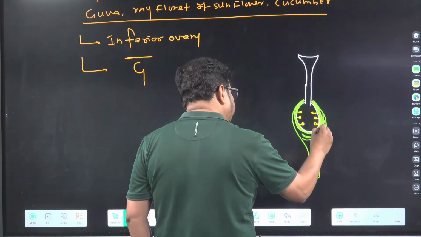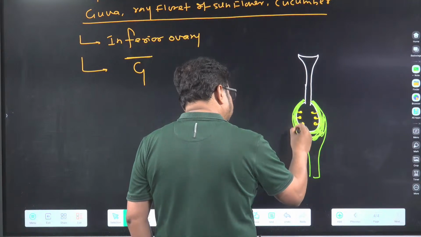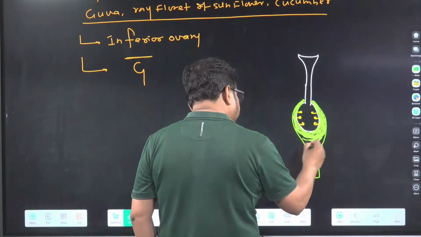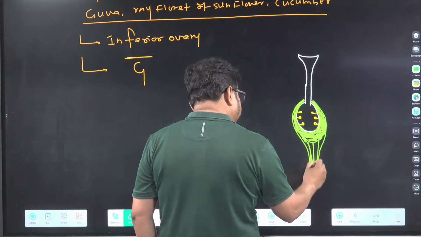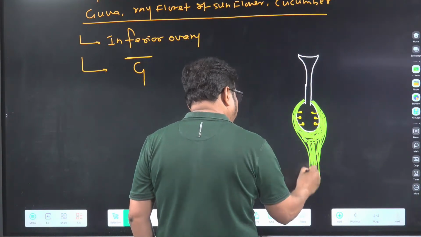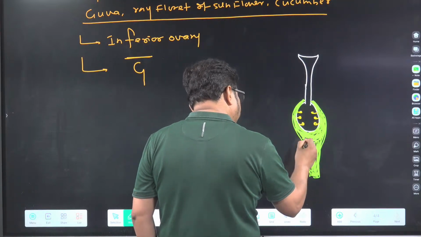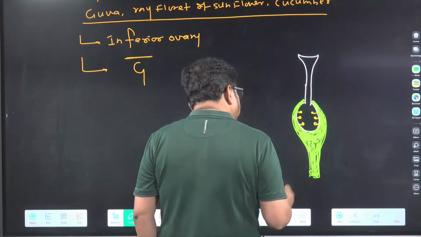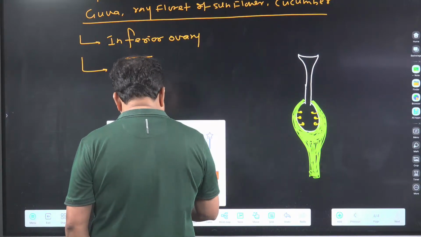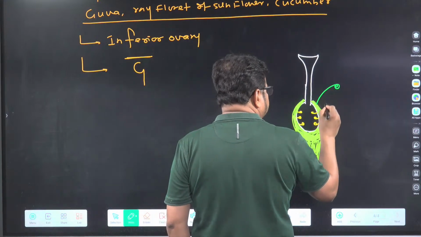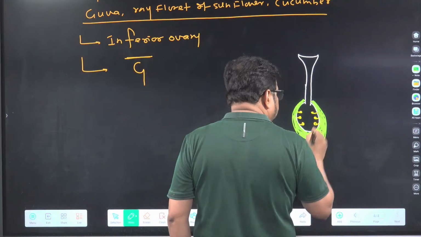Here it is thalamus. This is a stalk, pedicel. The situation is like this. And now I am drawing another floral leaf.